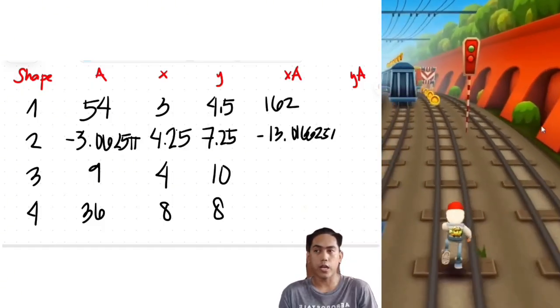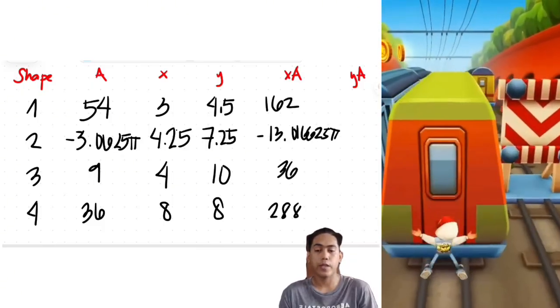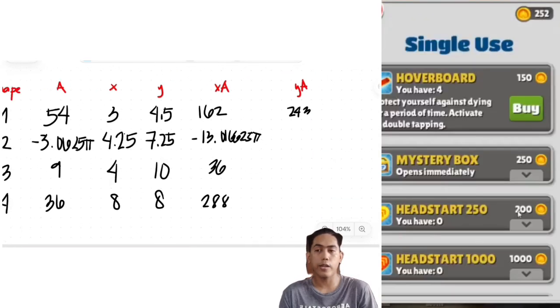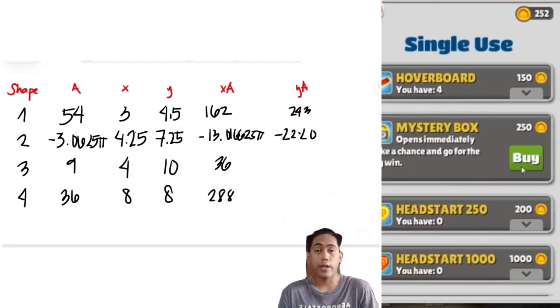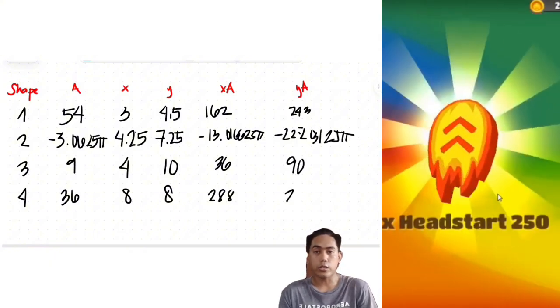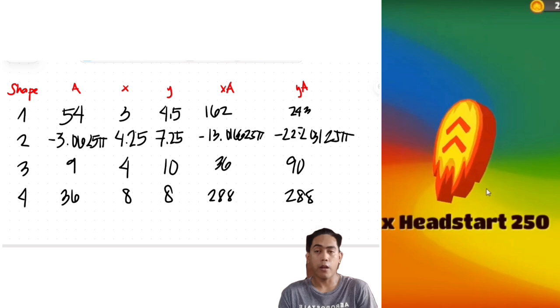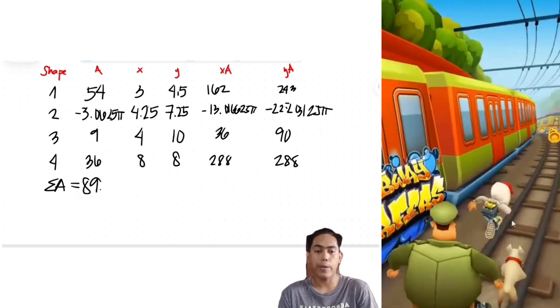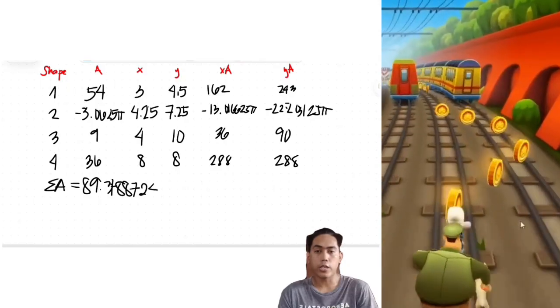We compute the area of each shape, the x and y coordinate of their corresponding centroid, and then we multiply the area to the x coordinate of the centroid and also multiply the area to the y coordinate of the centroid, and then repeat the process for all the shapes.